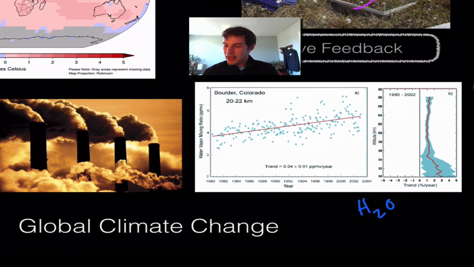Then there's water vapor, which you wouldn't think would increase temperatures globally. As water is in our atmosphere, it will actually heat more of our Earth, and then there are more evaporative processes because it's slightly warmer globally.